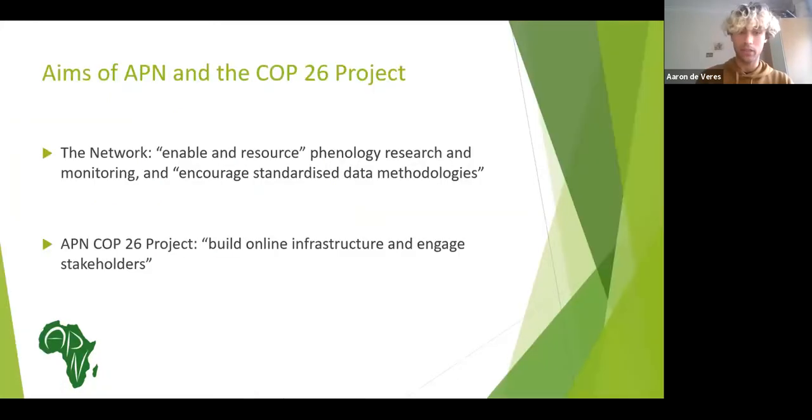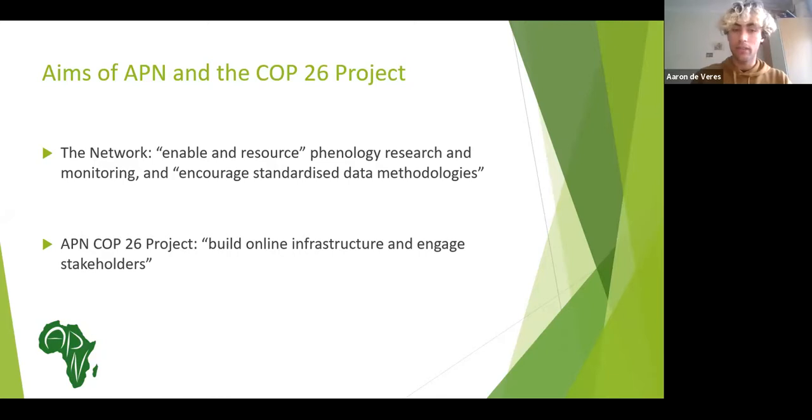And some of the key aims of the network and the APN COP26 project itself are to enable and resource phenology research and encourage standardized data methodologies. As part of the project itself, we're trying to build an online infrastructure for the network and engage stakeholders, so research users and end users of the research and anyone involved in phenology monitoring.